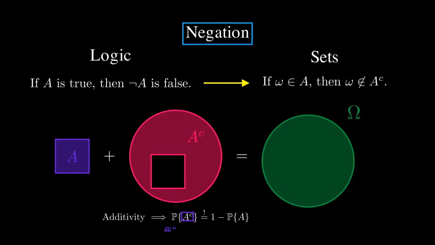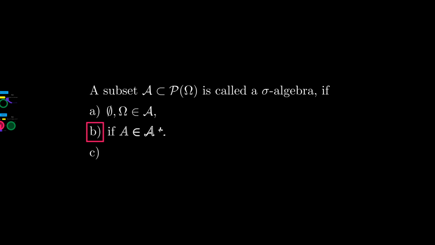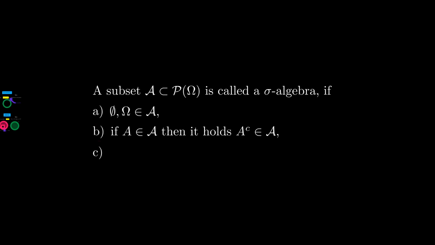And to be able to assign this value, we need the complement of A to be measurable as well. So for a collection of sets to qualify as a sigma-algebra, we need that whenever a set A is measurable, its complement is measurable too.